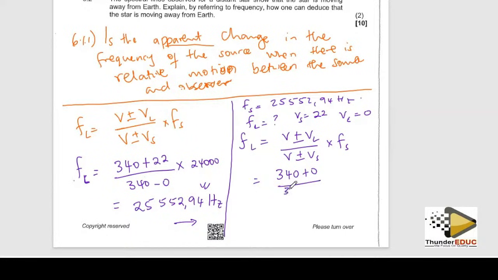And then that's going to be 340 minus 22 times 25552,94. So 340 over 318 times 25552,94.